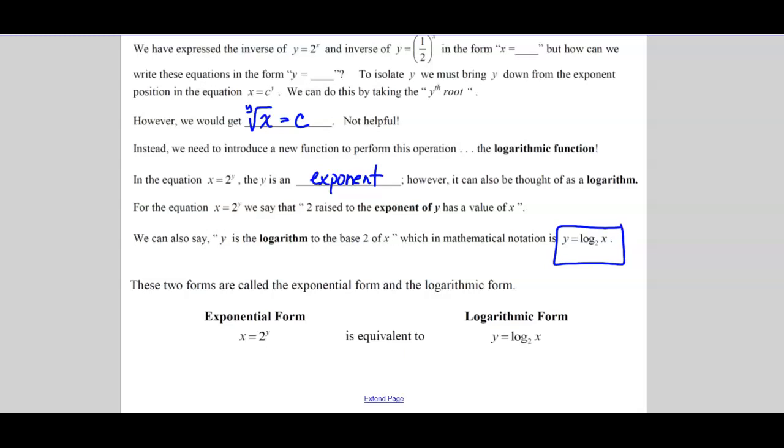So these two forms are called the exponential form and the logarithmic form, okay? So notice where the y is here, it is in the exponent, and that is what the log is equal to, okay? This base is 2, the base of the exponent, the base of the log is 2.